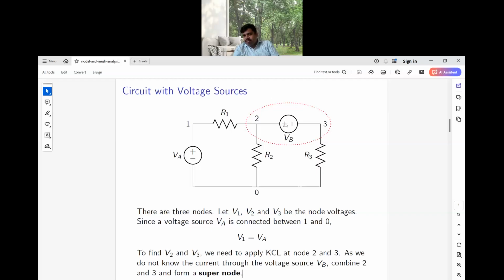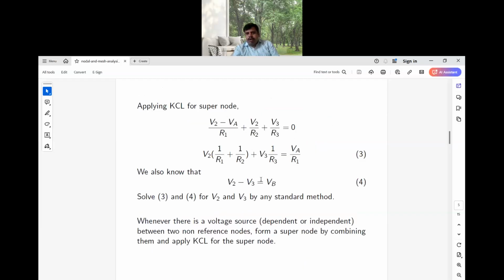Okay, if the polarity is plus here and minus on this side, then V3 minus V2. So whatever V2 difference V3, that is V2 minus V3, is equal to VB. Clear? So we are going to solve equation 3 and equation 4. Then automatically V2 and V3 will be obtained.